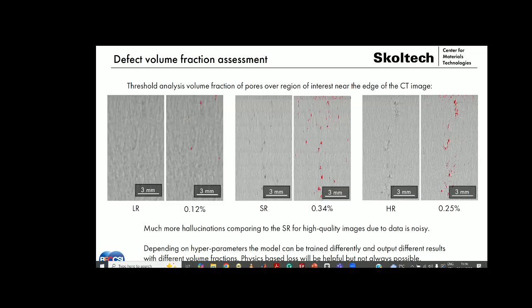So we have two conclusions. The first is that the industrial CT images are quite noisy, and we should pay more attention to that. And we have to use better models, for example diffusion or transformer models.